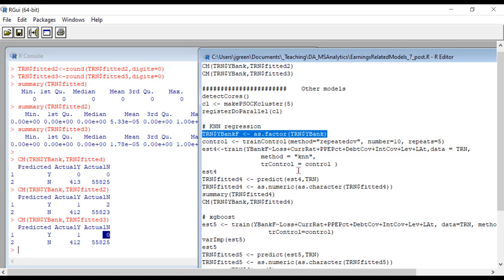One of the things we need to do with the machine learning models is tell it that it's predicting a binary variable, and the way you can do it with this caret package is make your y variable a factor. So a factor, what it does is separate it so it has no numeric meaning.